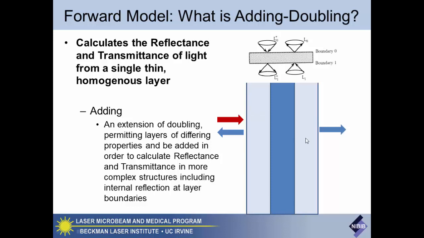So from a practical standpoint, back to when this was first applied in biomedical imaging techniques, people would have liquid samples. You can put it in a cuvette, but how would you know what the optical properties of your sample was versus the size of the cuvette?